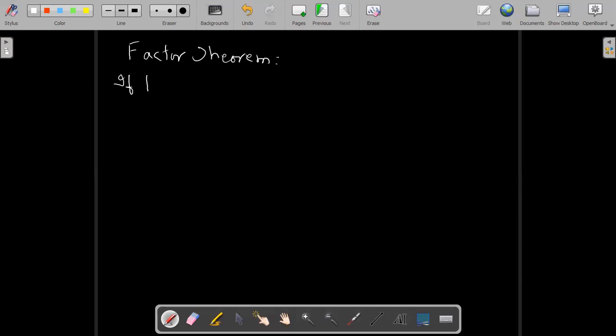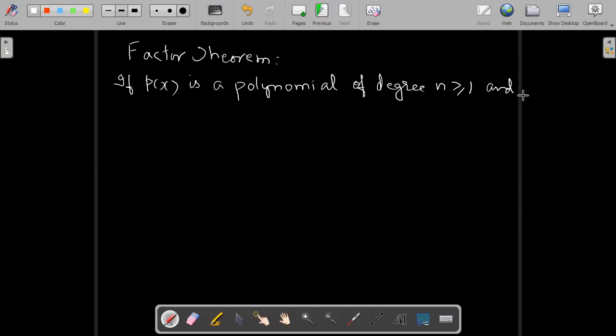If p(x) is a polynomial, same thing that we have seen in the remainder theorem, first point, p(x) is a polynomial of degree n greater than or equal to 1, meaning no constant polynomial should be taken, and alpha is any real number.